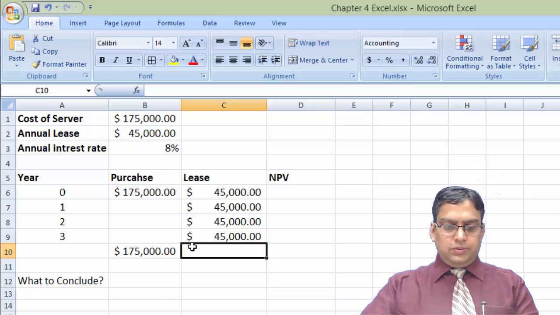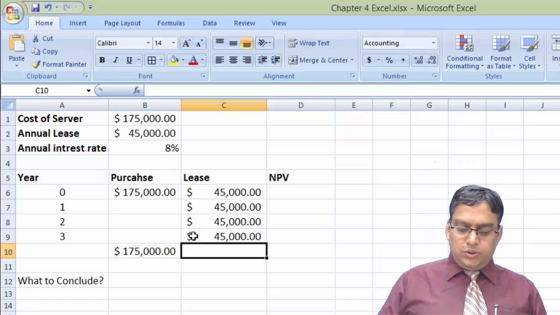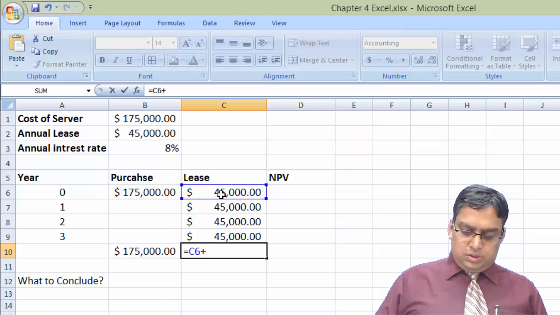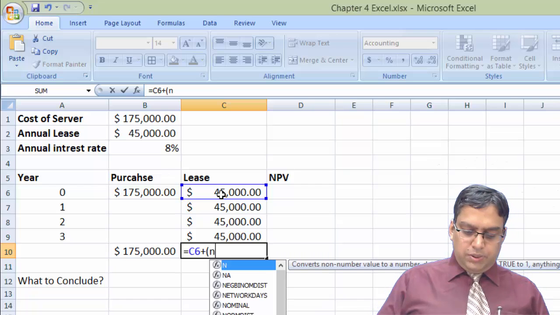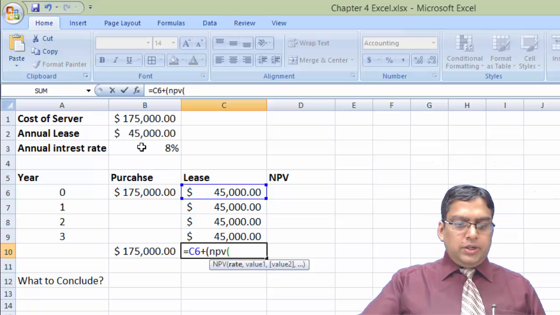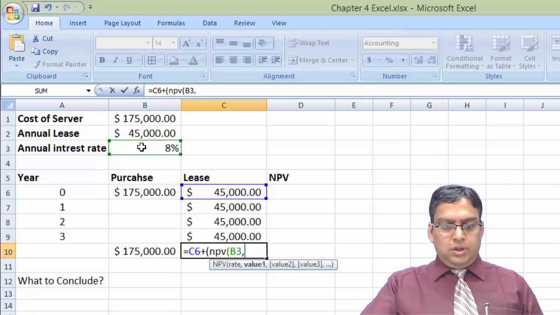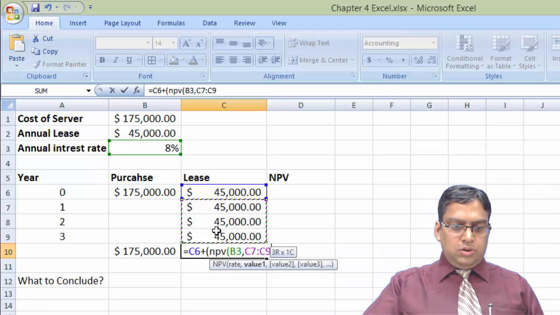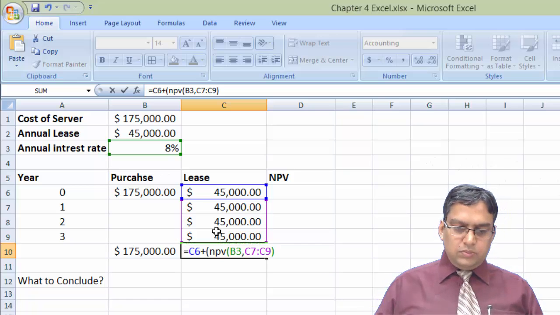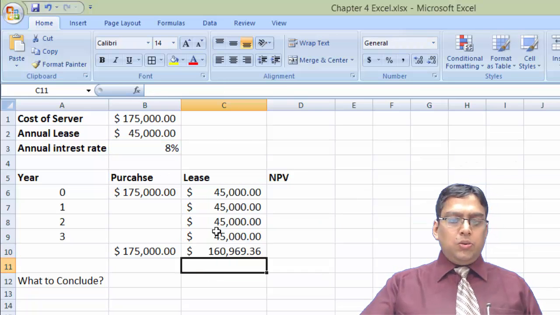And the net present value equals C6 plus NPV. The rate of interest is 8% and the values are C7 to C9. That is your output of lease. If we use a server for more than 3 years, that is your amount.